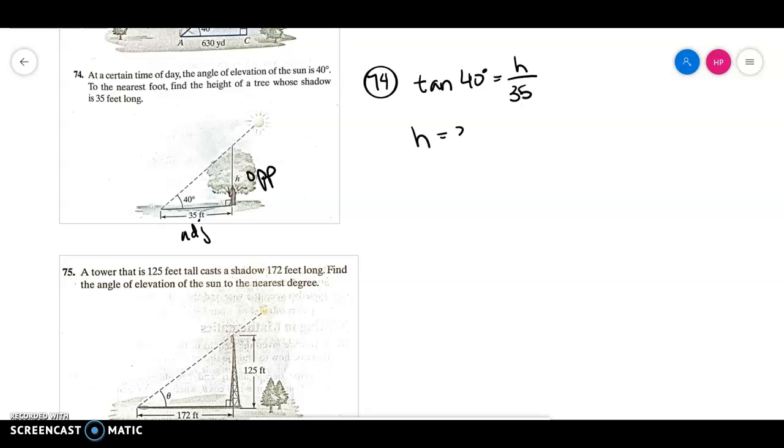Since it's divided by 35, h is 35 times the tangent of 40, to the nearest foot. You could key that into the calculator and you should end up with 29 feet when you round to the nearest foot.